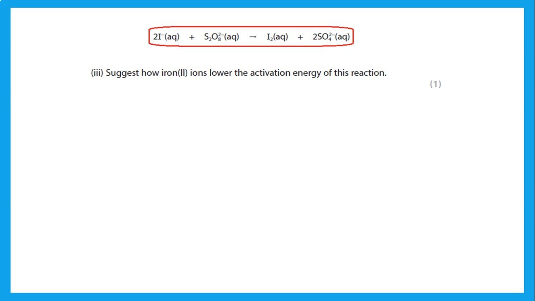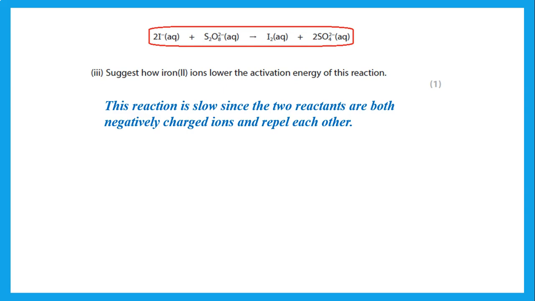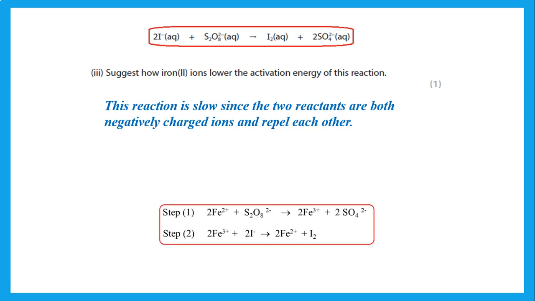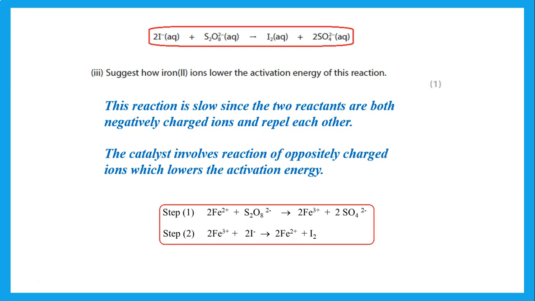So I'm trying to react a negatively charged species with another negatively charged species. They will repel. The two reactants are negatively charged. They repel. And so when the ion reacts, this involves the reaction of oppositely charged ions. So the activation energy is lower.